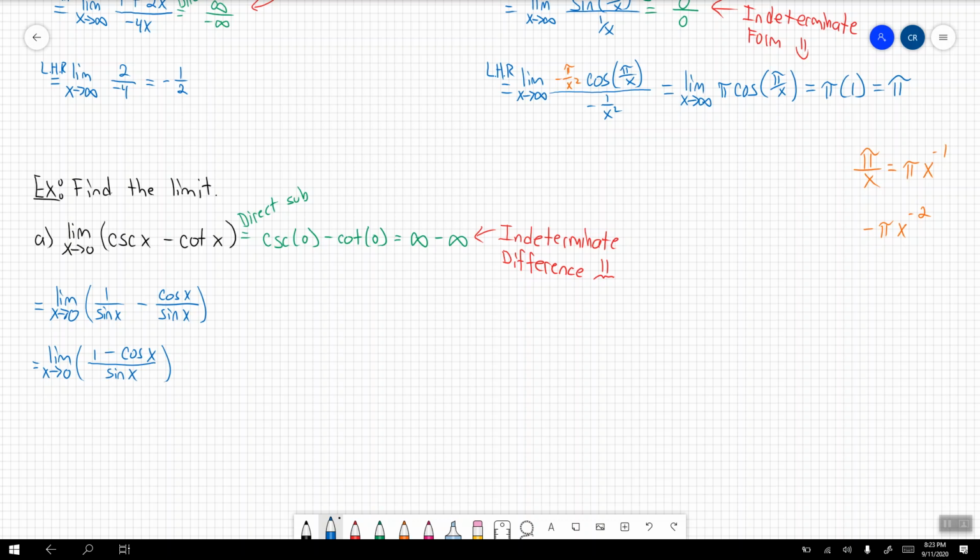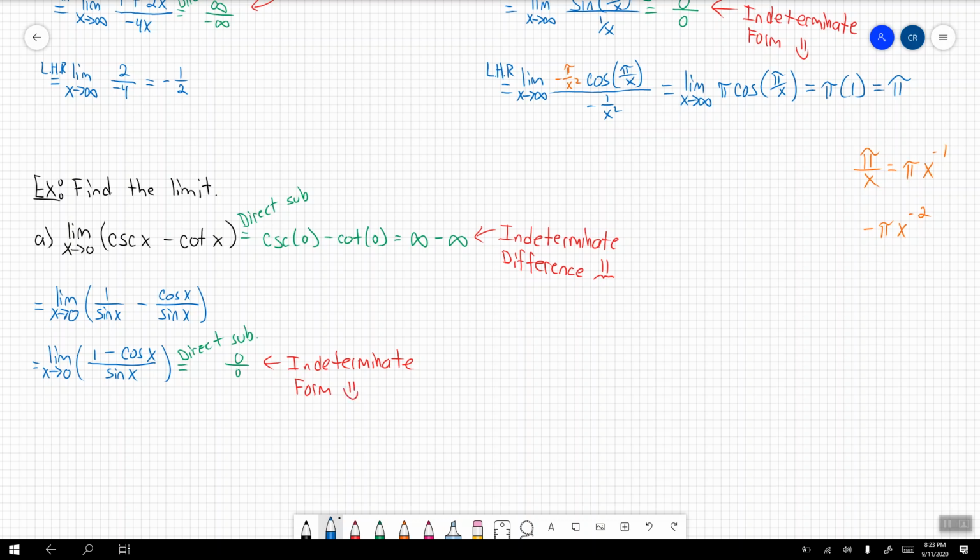Now that I've condensed these terms into one fraction, I want to approach direct substitution again. Let me see if anything has changed so far. Making my substitution, 1 minus cosine at 0 is just going to be 0, divided by sine of 0, which is 0. Wow, look at that. Things did change.